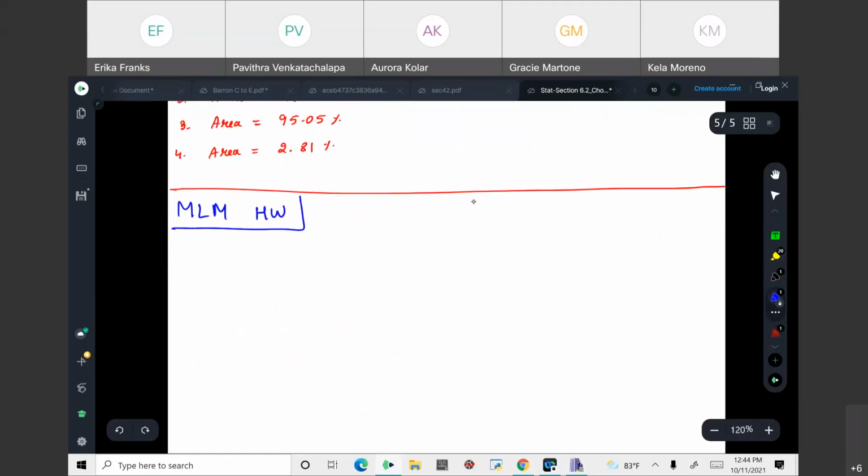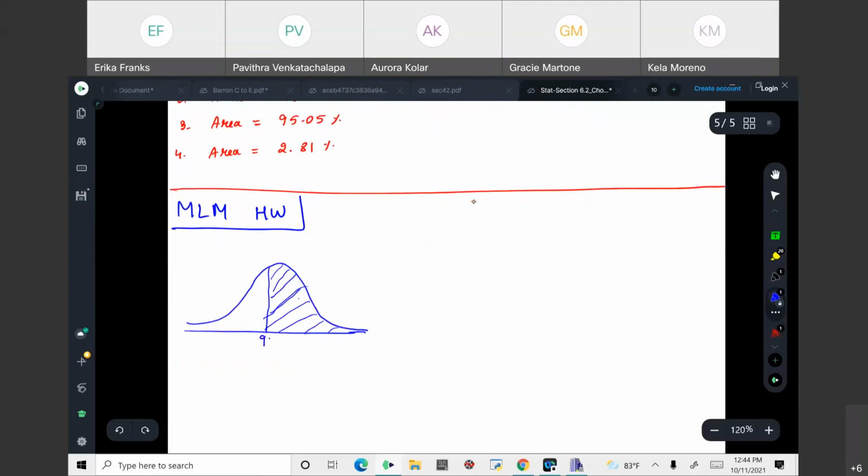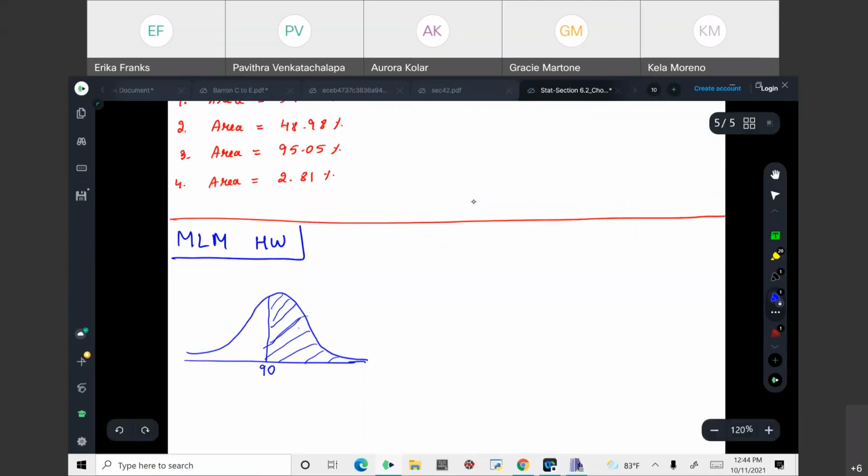If you have questions like this, you will have a picture, and your shaded region or some colored region is to the right. I have something written here, which is 90. They might give you that your mean is 100. This is just random information. And standard deviation might be 15.